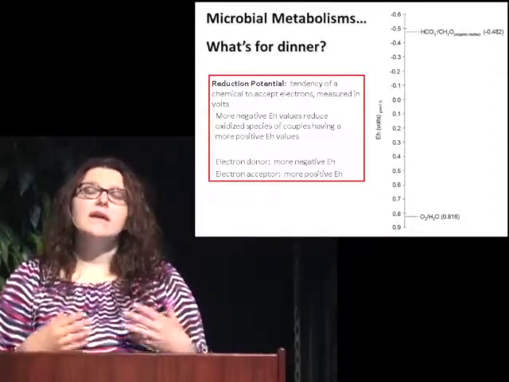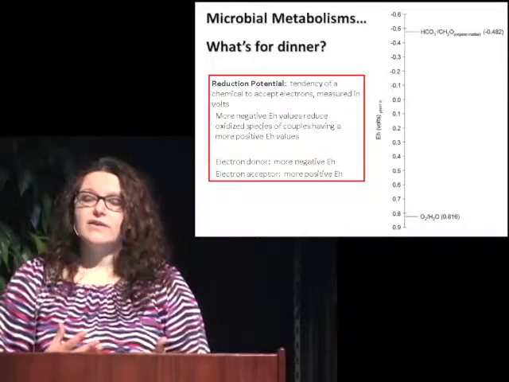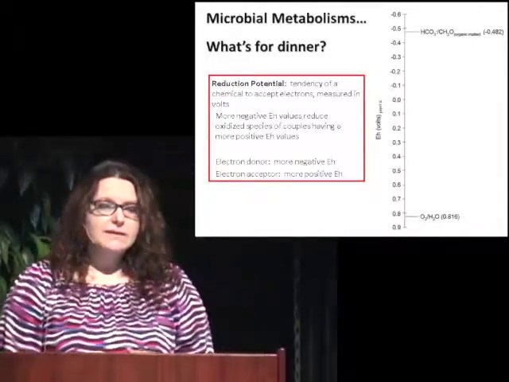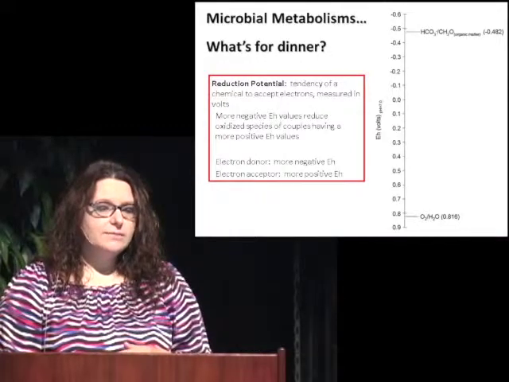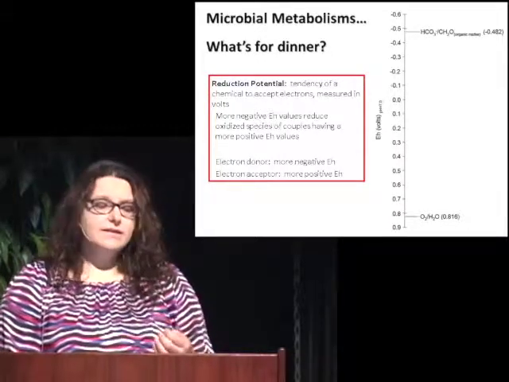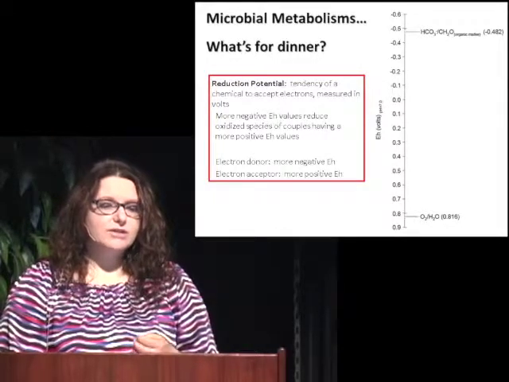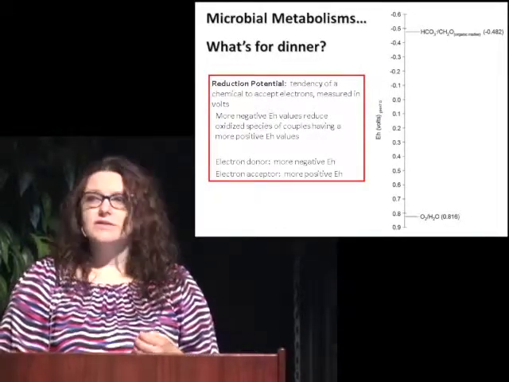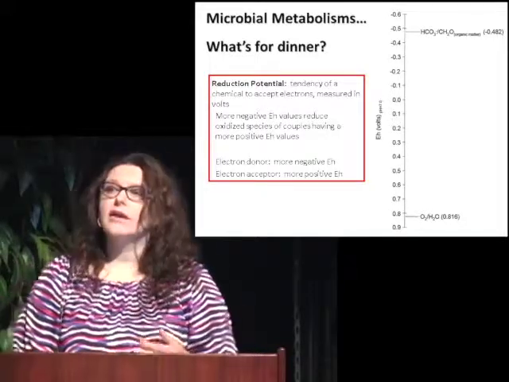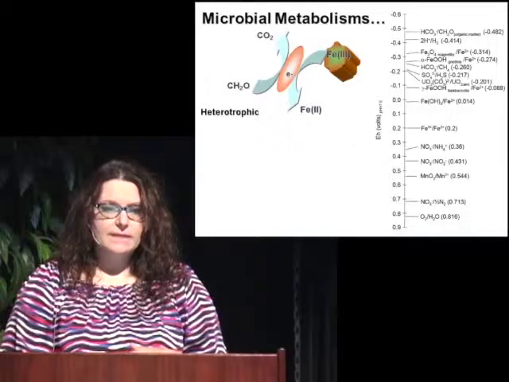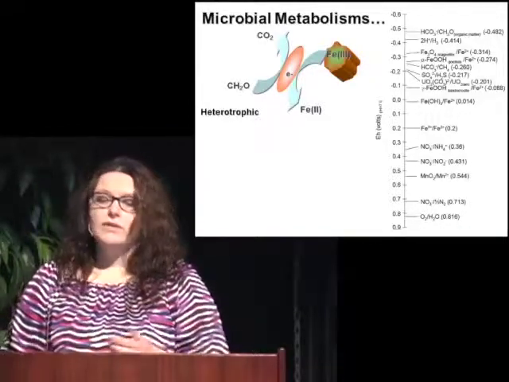However, in many environmental systems, oxygen is not available, and organic carbon may or may not be available. So we can begin to think about microbial metabolisms: any chemical species that has a more negative reduction potential can potentially serve as an energy source to any electron acceptor that has a more positive reduction potential.